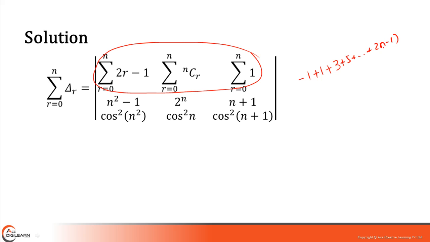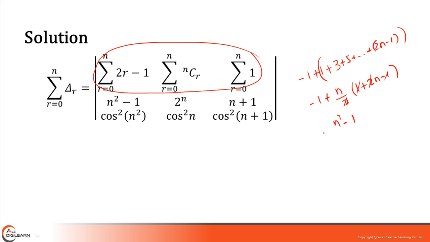to n minus 1, which by adding, n by 2 into sum to n terms of AP, n by 2 into A plus L, we get n square minus 1. So sigma of it can be written as n square minus 1.